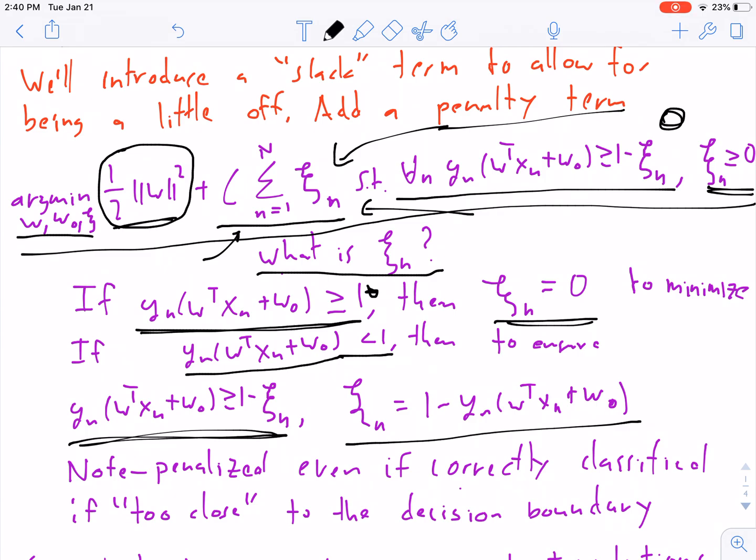Mathematically, that's the only way that this inequality will hold. So we obviously don't want to make our slack term any higher, because that will just increase the loss. So we use the lowest possible slack term that we can, but we have to make it greater than 0 in order for the inequality to hold. So we see here that the slack term allows us to misclassify points, but it will penalize the model and push the model away from doing so.